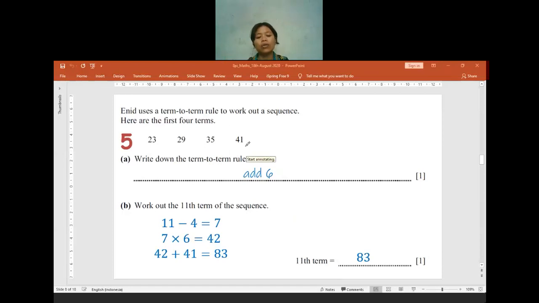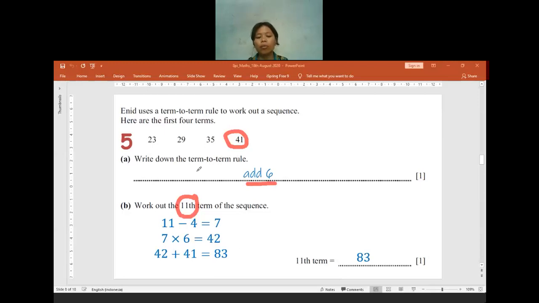Here, I use the 4th term, and because I'm going to find the 11th term, I do 11 minus 4, which equals 7. Then I multiply the difference by the term to term rule. So 7 times 6 equals 42, and then 42 plus 41 equals 83.